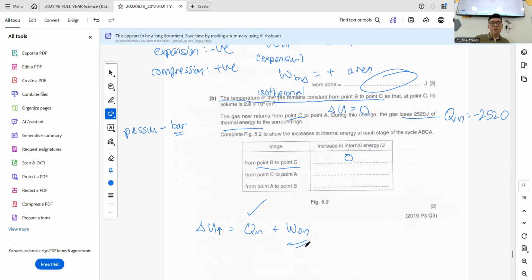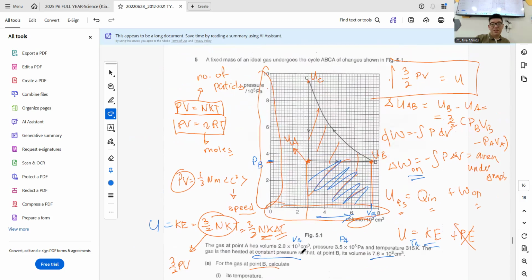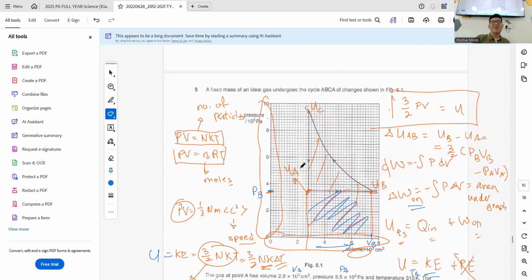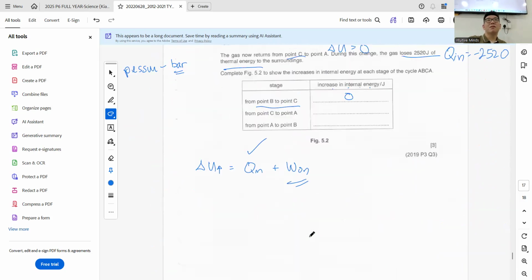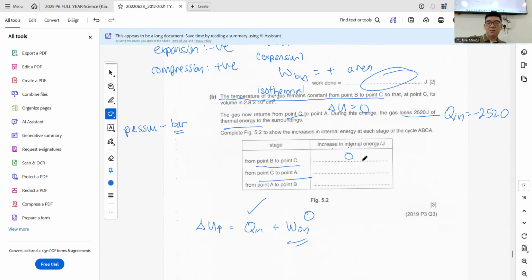Do we have a W on for C to A? How do we know it's zero? There's no change in volume. So it's zero. So what is the C to A answer? Some students will forget to put that.